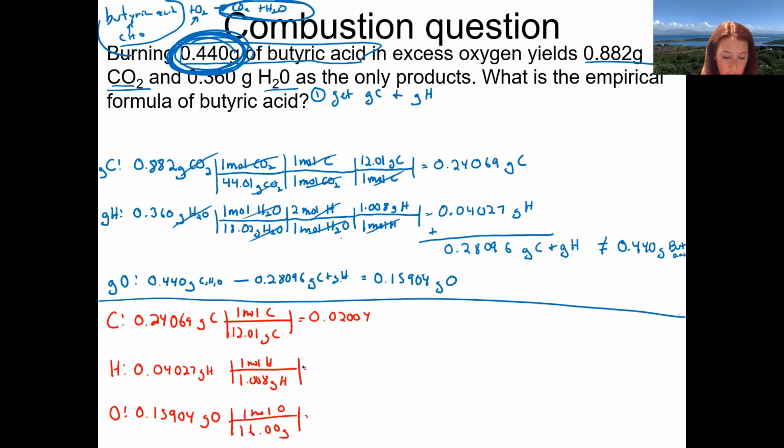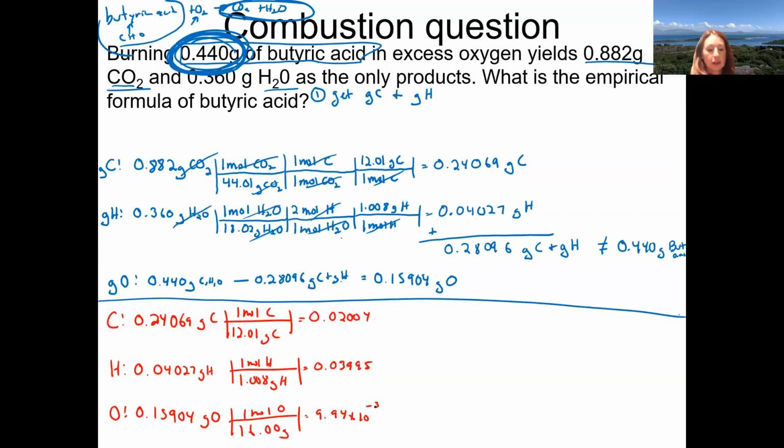I hope other people are doing this too, because I make calculator errors all the time, just like you do. And I always say, go four places, just to be safe. 0.15904 divided by 16. It put it straight into scientific notation for me, that's fine. That's to the negative 3, that does not look like a 3.